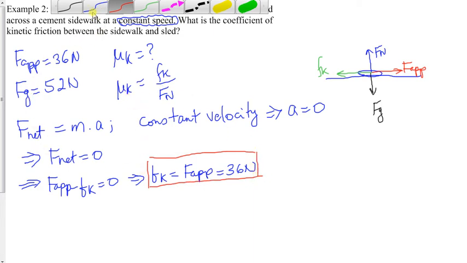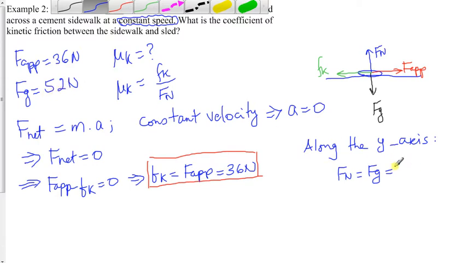So how can we get Fn? Yes, from the y direction, the vertical, along the y-axis, I can say that Fn is equal to Fg. Here I don't need to replace Fg by m times g because Fg is already given, 52 Newton.